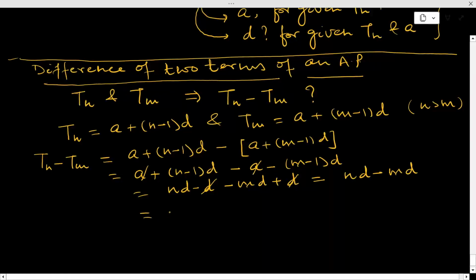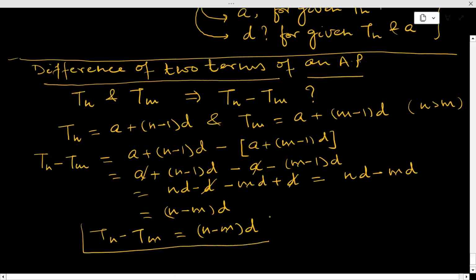Now this gives you n minus m into d. So the difference of two terms tn and tm will be n minus m into d. Okay, so this is what we have as the difference.